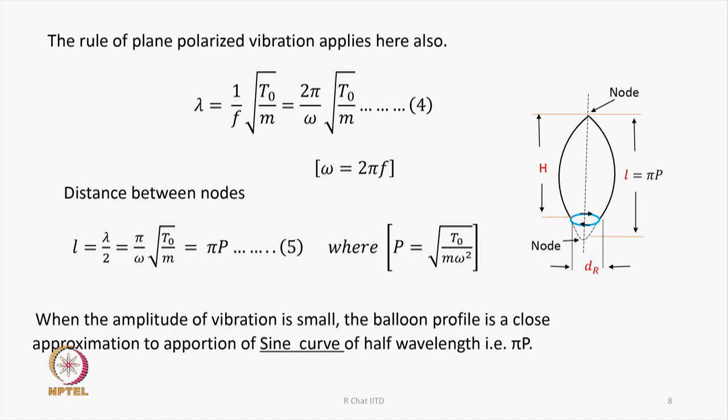So, a stable balloon basically means that the height should be such that it is less than node to node distance, and that distance L is not fixed, it depends upon a value p, where p in turn depends upon tension, value of m, count of yarn, in a way you can say mass per unit length, and also the speed with which the element of yarn is rotating.